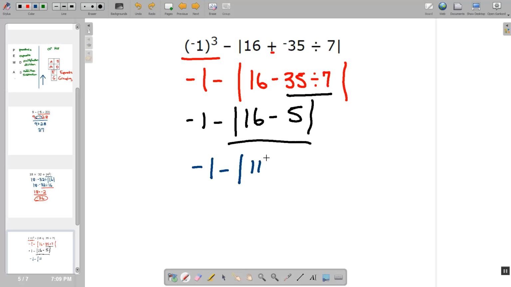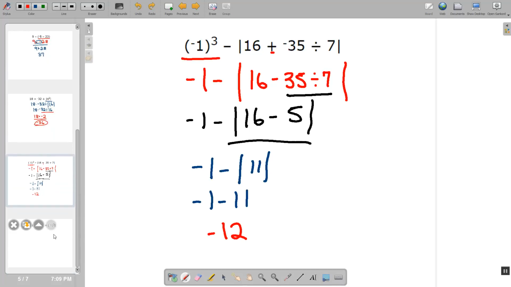And the absolute value of 11, because 11 is still just 11 away from 0, stays as just positive 11. So now we get negative 1 minus the regular 11, which gives us an answer of negative 12. That one is a little tricky. A lot of steps in there, and always have to be careful with absolute value.